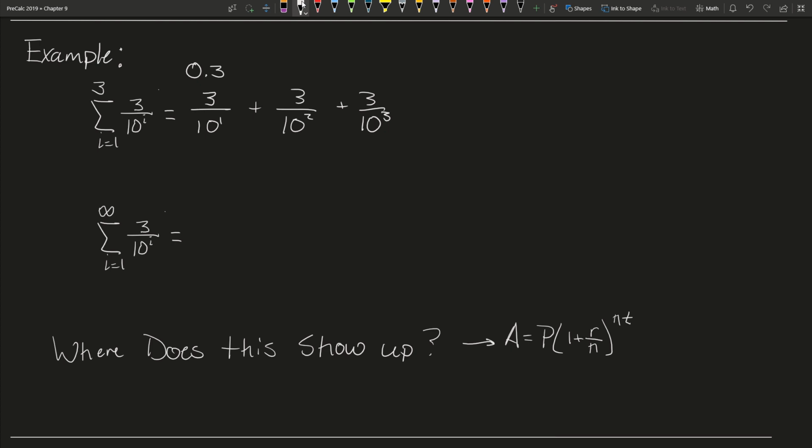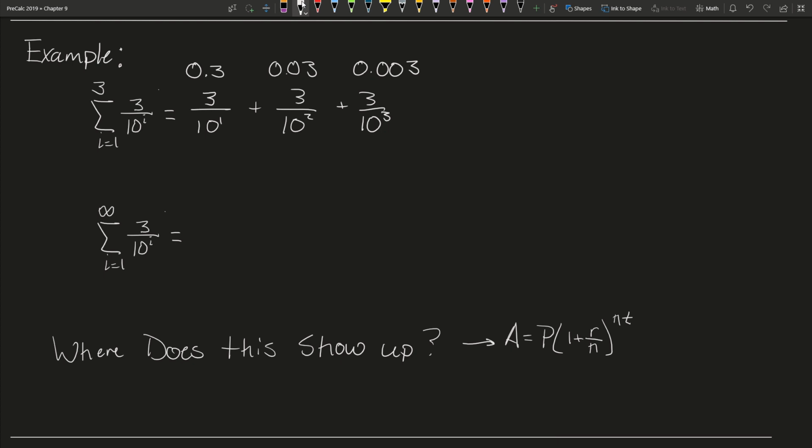So we have 3/100ths, which is 0.03. And then 3/10 to the third, that's 3/1000ths, which is 0.003.